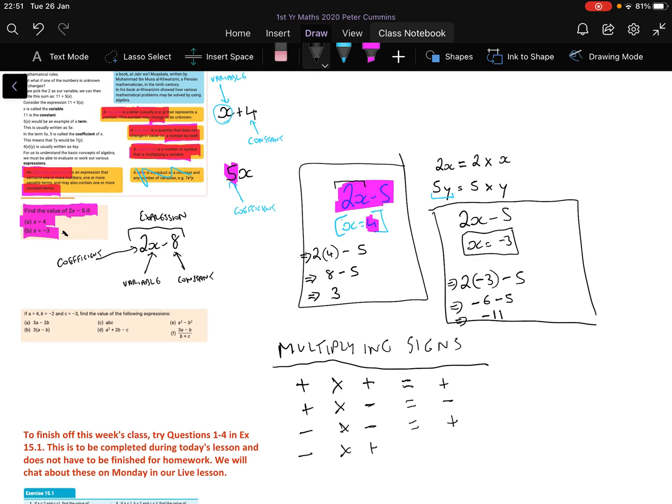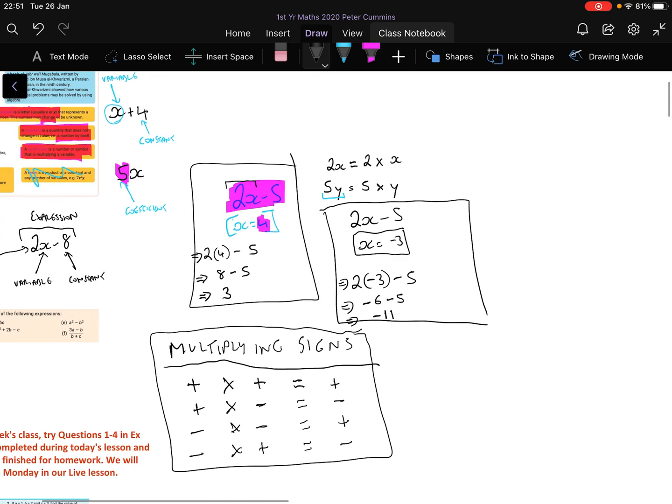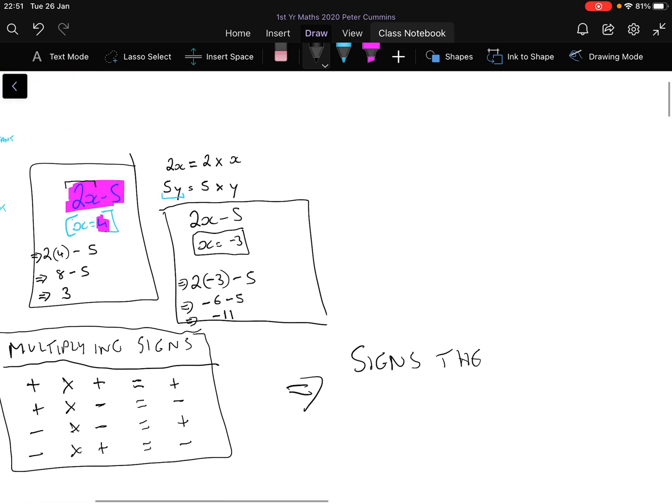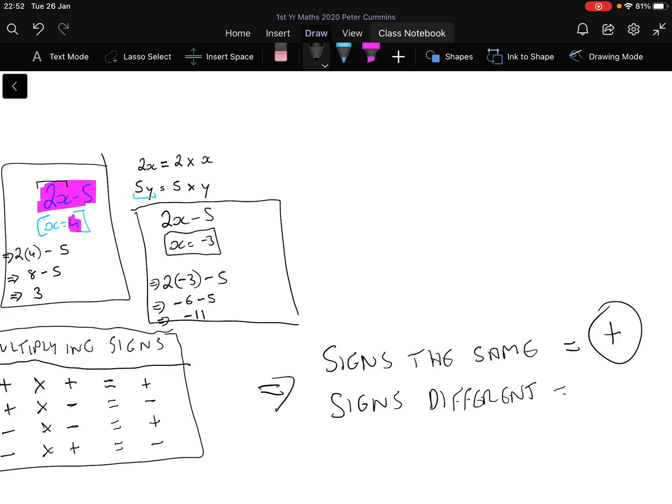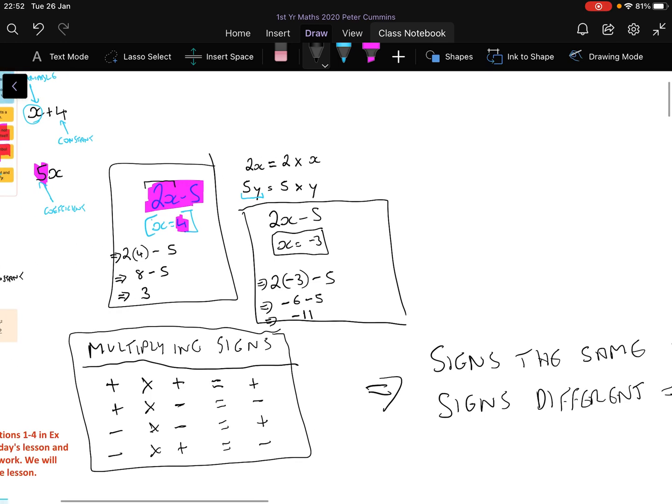And a minus multiplied by a plus gives you a minus. Now, the way to remember that is if the signs are the same, the answer is plus. If the signs are different, you're looking at a minus.